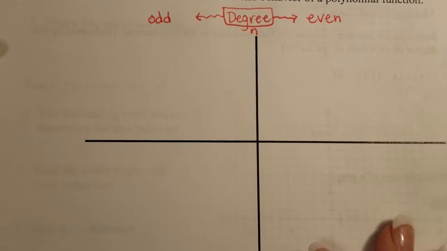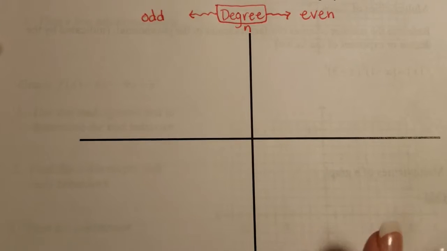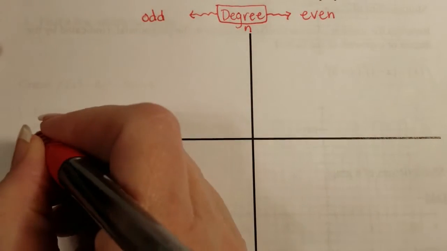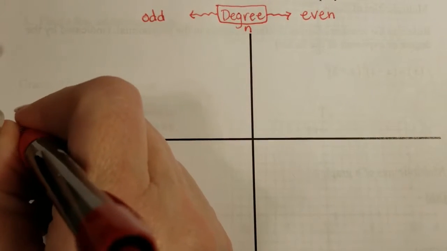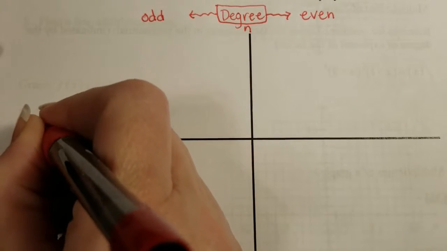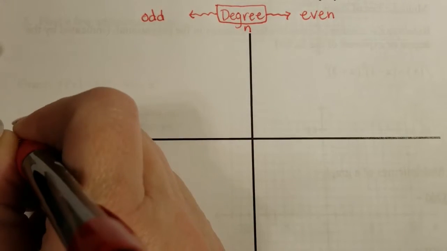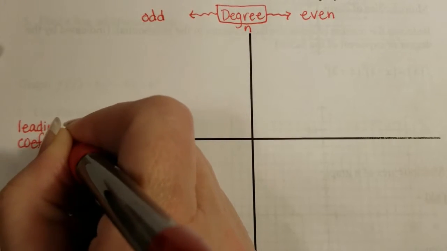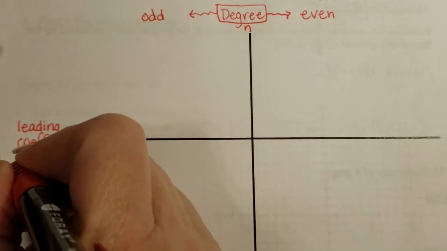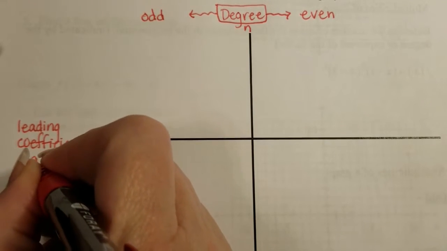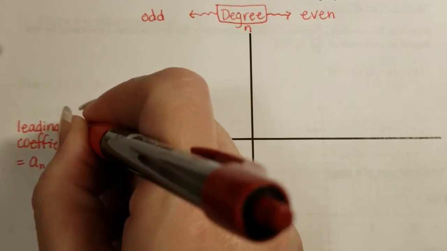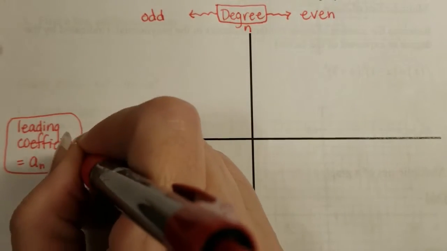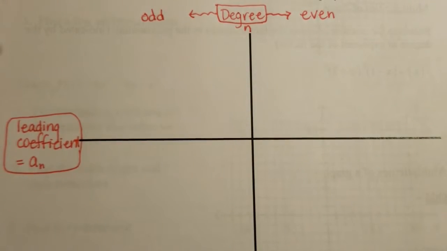Then the other thing that we're going to look at is that leading coefficient, the number before x, which is the a sub n. And once again, we're going to look at two possibilities.